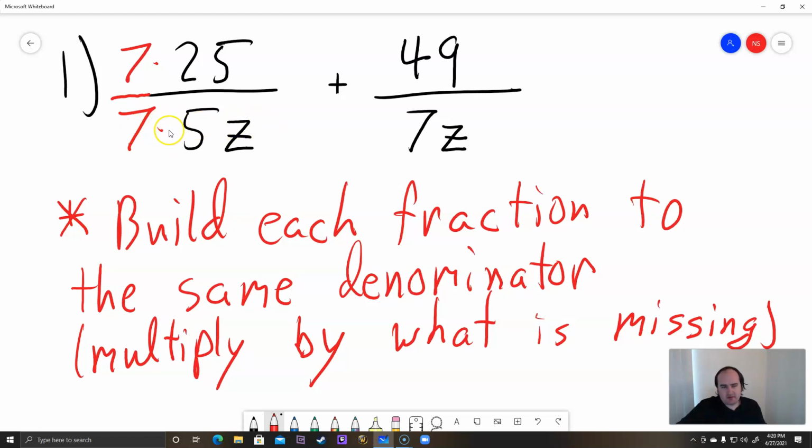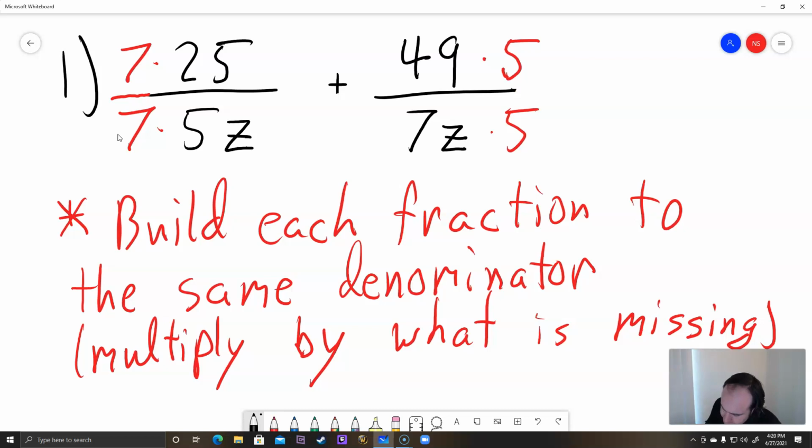Now if we look at the second denominator, we already have a 7, we already have a z, but we're missing a 5. So we're going to multiply this one by 5 on the top and the bottom.